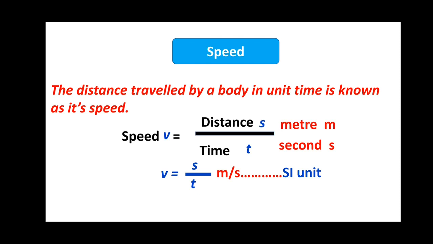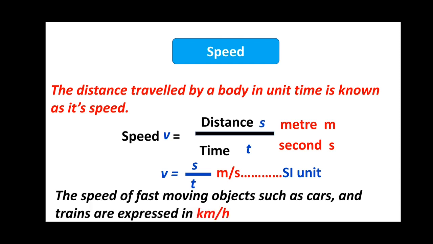So we have to understand that the speed of fast moving objects such as cars and trains are expressed in kilometer per hour. km is the unit of distance and h is the unit of time. km is kilometer and h is hour.